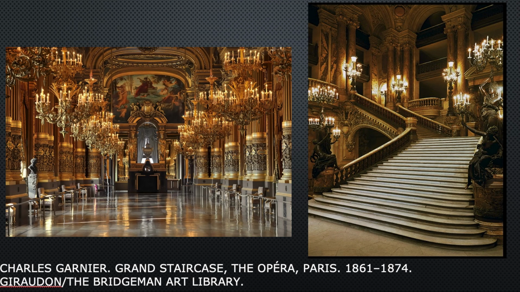So now this is the interior, and it also looks extremely Baroque. So this tendency of architects and designers in the 19th century to look back in history and to revive an older style is called Historicism.